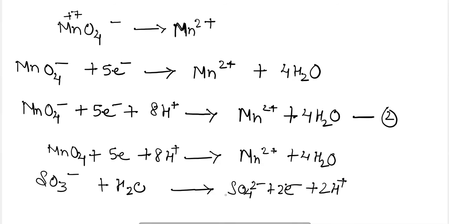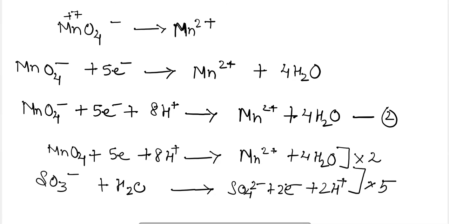To balance the number of electrons, we will multiply the first equation by 2 and the second equation by 5.